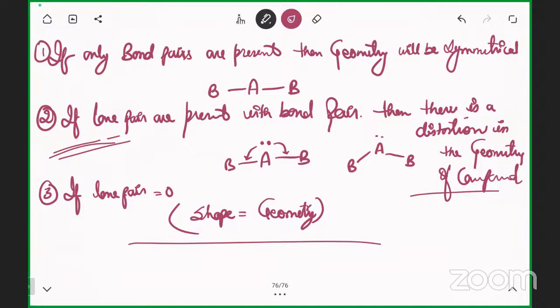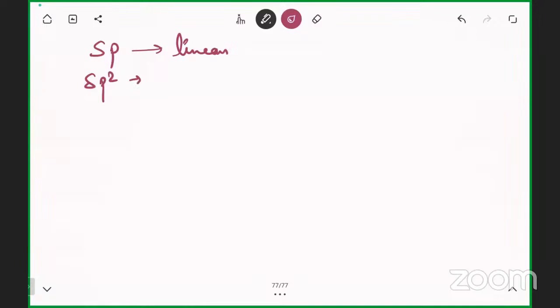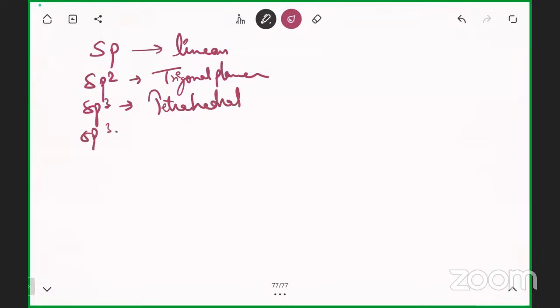If you remember, when we were learning about hybridization, we learned one thing. Just tell me the shape fast. SP, the shape was? Linear, sir. Linear. In case of SP2, trigonal planar. Very good. SP3, tetrahedral. SP3D, trigonal bipyramidal.